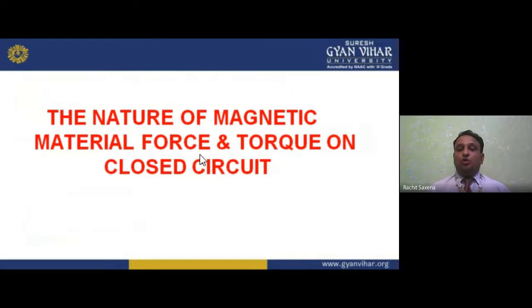I already told you, whenever there is a current carrying conductor placed in a magnetic field, due to that magnetic field we have some interaction, meaning force is applied on that coil and on that conductor that is carrying current.